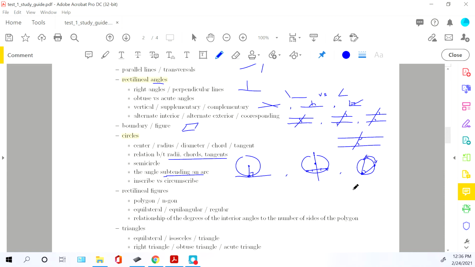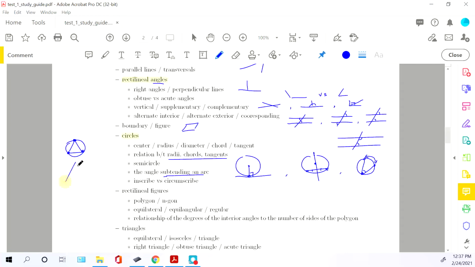Okay. And inscribe versus circumscribe. Note here, order does matter. If you have a polygon inside of a circle, I'm going to be lazy and do a triangle here, the polygon is inscribed in the circle, or the circle is circumscribed about the polygon. It's the same thing. But the key thing is the points of the polygon are on the circle.